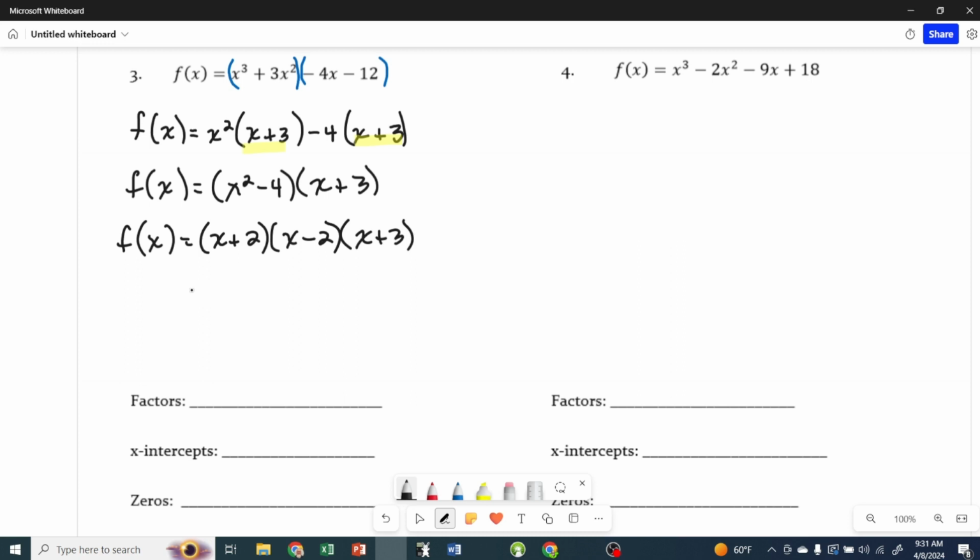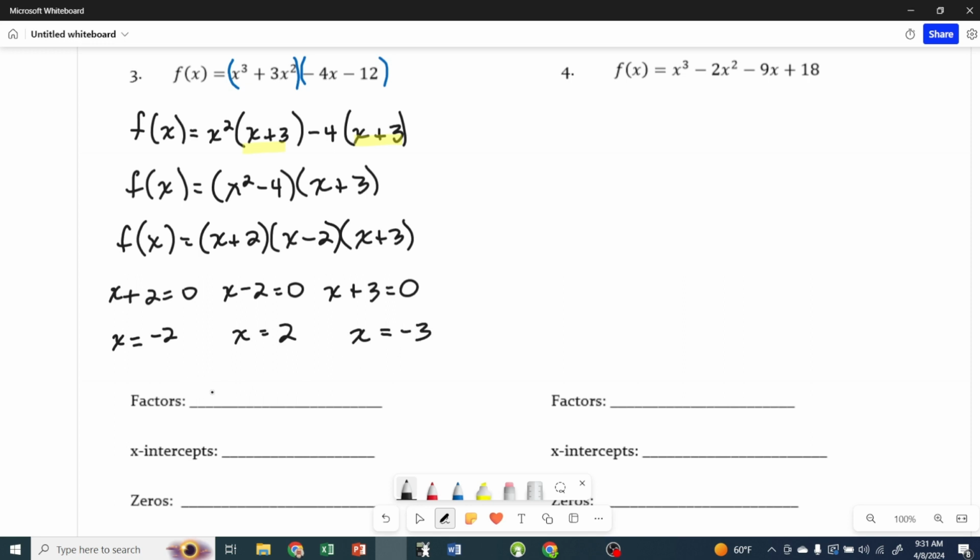So now we're going to take this and we're going to set each factor equal to 0. Okay? So now we end up with x equals -2 here, right? I subtracted 2 from each side, add 2 to each side here, I got x is equal to 2, and I subtract 3 from each side here, and I get x equals -3.